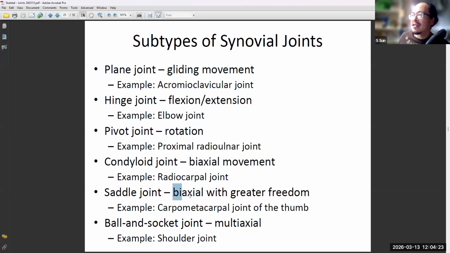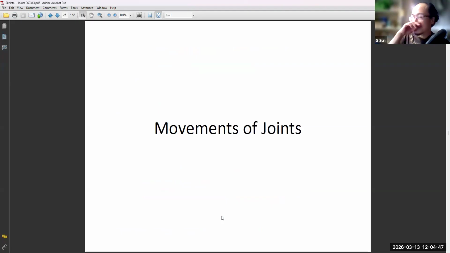Saddle is like the carpal metacarpal joints. And the ball and socket is a famous one, like the humerus head and the femur head, right? You have shoulder, you have your hip. So yeah, it allows more flexibility, more freedom to move around.